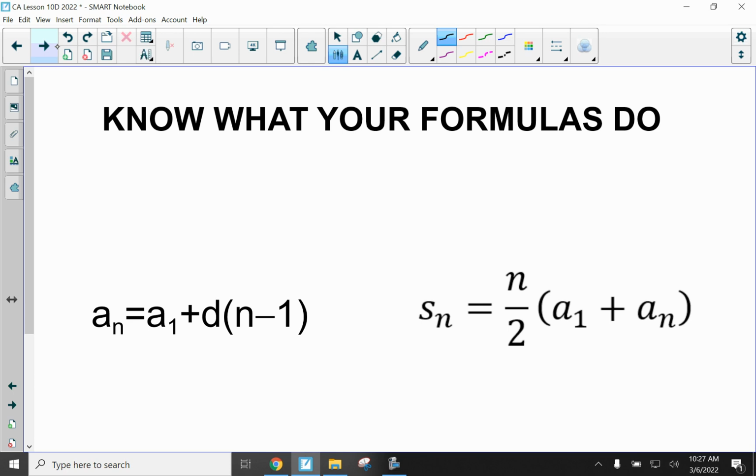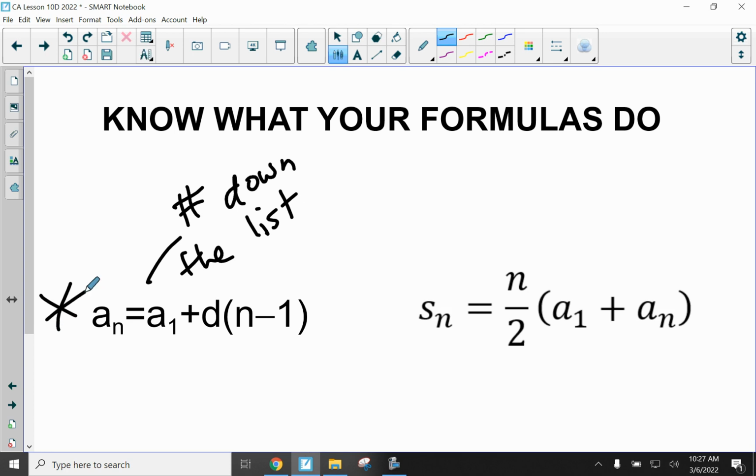So the big thing in this lesson is you got to know what the formulas do. So I showed you 2 different formulas. One came from a previous lesson. This one tells you a number down the list somewhere. So we only have to use it if they don't show it to us. So if they're asking us for the 200th number and they only show us the first 5, we have to use this first.